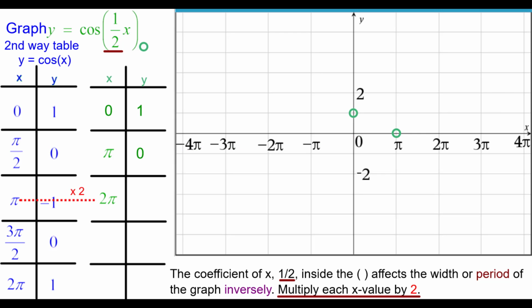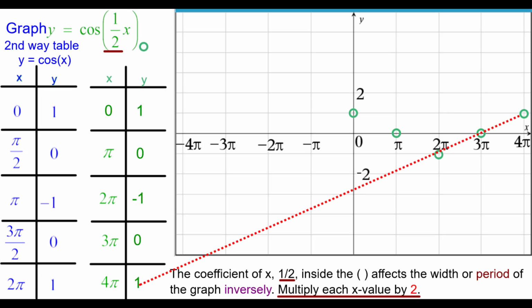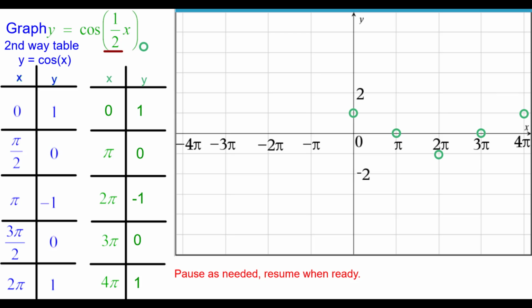Pi times 2 is 2 pi, comma -1. 3 pi over 2 times 2 is 3 pi, comma 0. And doubling 2 pi, we get 4 pi, comma 1, a maximum. Pause as needed.